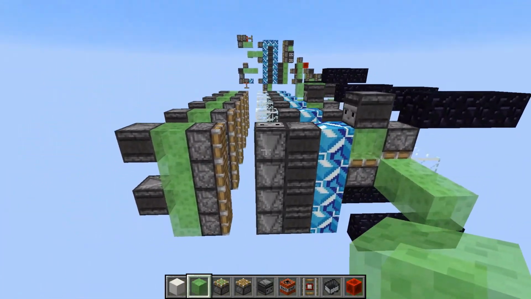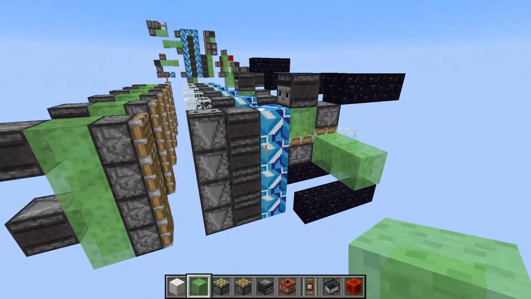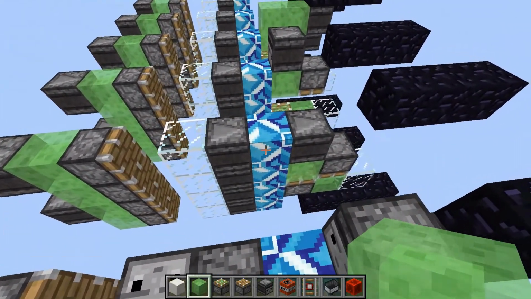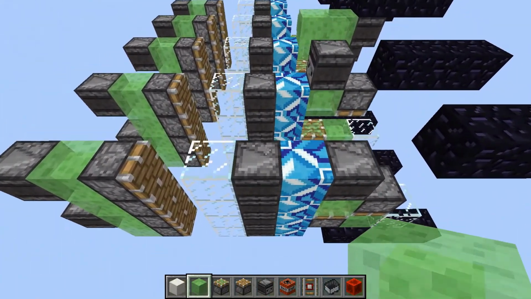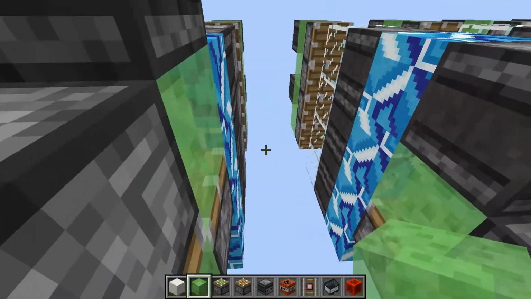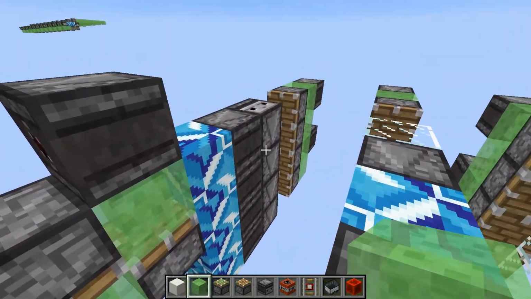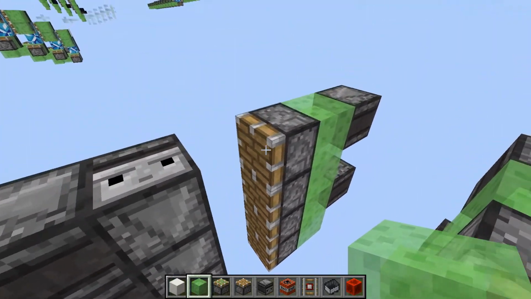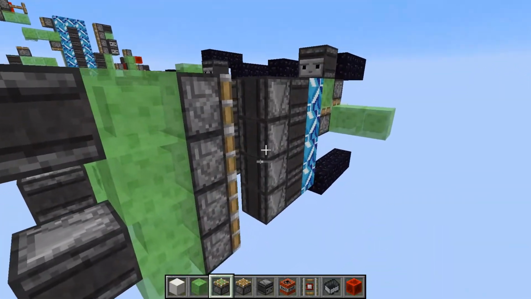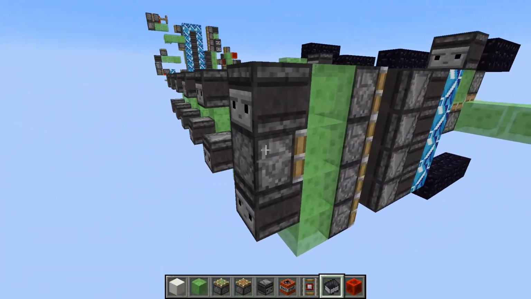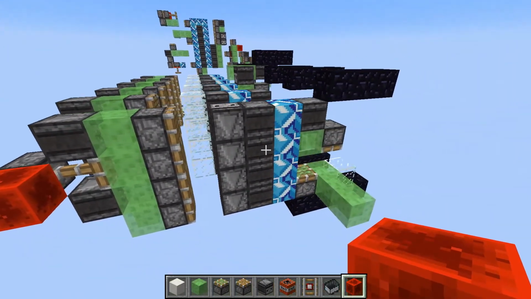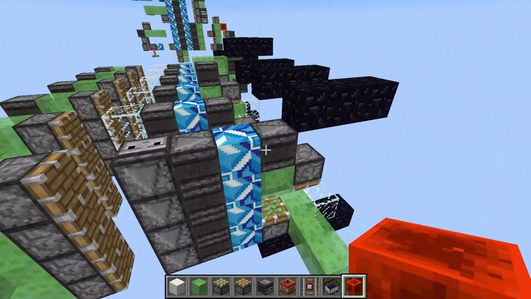So all I had to do is make this system actually movable, but this turned out to be quite a big challenge. First of all, I can't just move all these observers because this will just start pulsing like crazy. So you can see that right here. If I move this, this flying machine gets totally messed up.